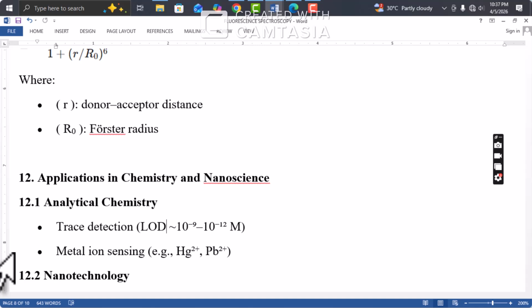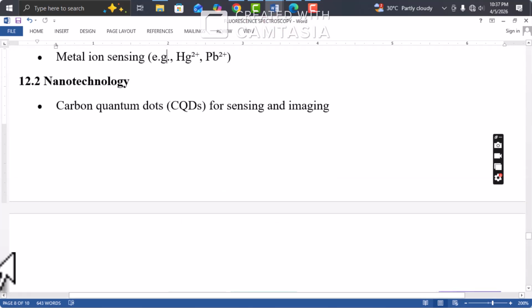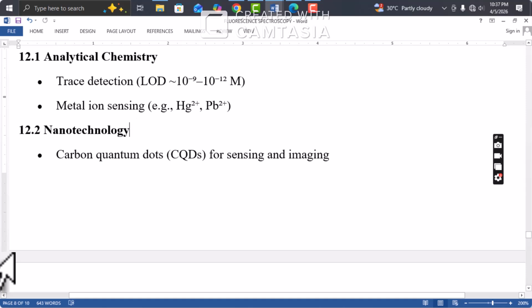In the work I did some years ago, I used carbon quantum dots as a fluorescent material to detect manganese and another one to detect mercury. My students did that work some years ago. So they worked on fluorescent materials.